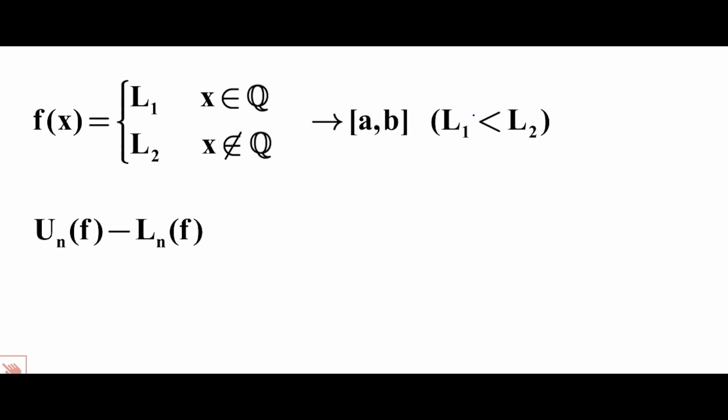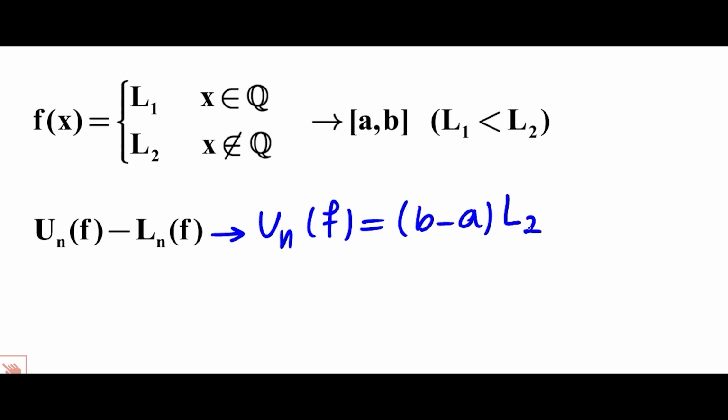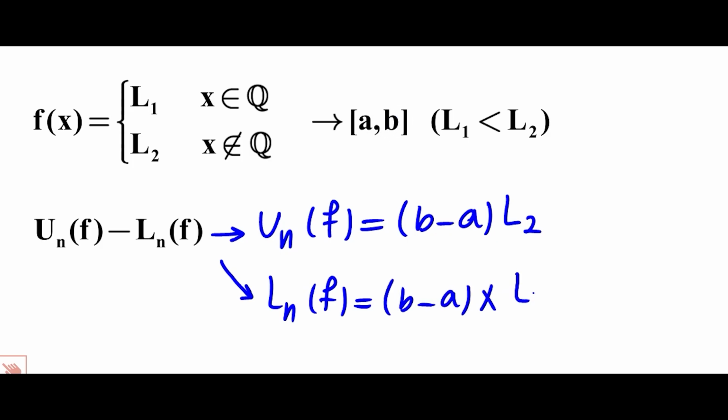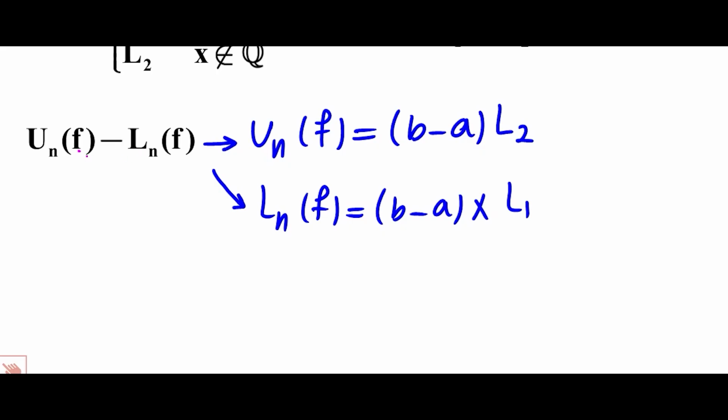The upper sum, Un of f, equals b minus a times L2, and the lower sum, Ln of f, equals the length of the interval times the minimum value. So the difference between them equals b minus a times L2 minus L1.